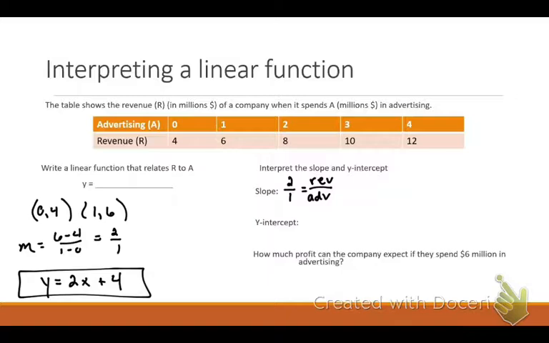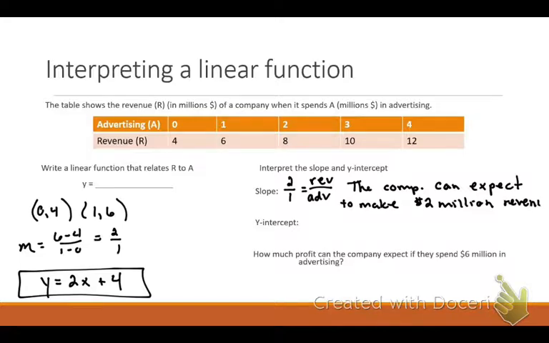Okay, so to interpret the slope, all right, the company can expect to make, revenue is income, to make 2 million in revenue.